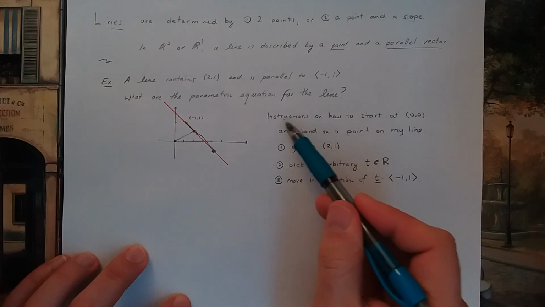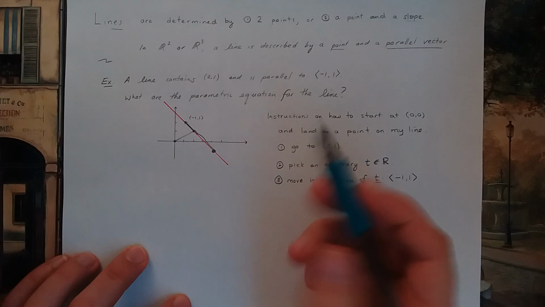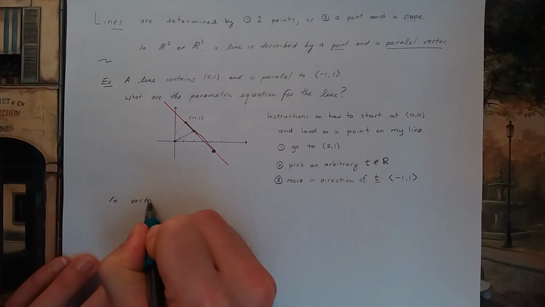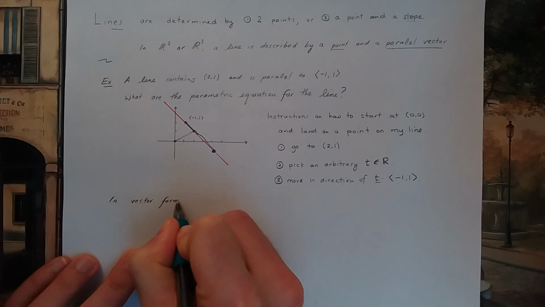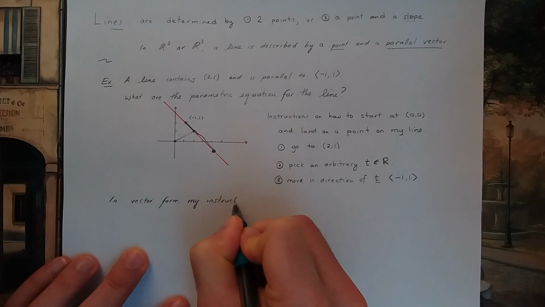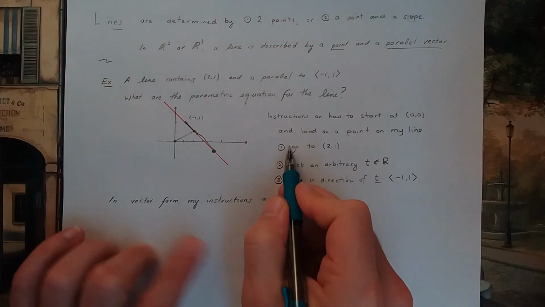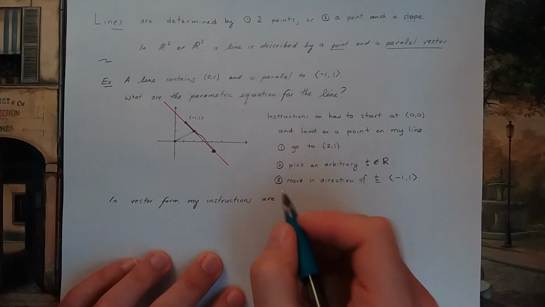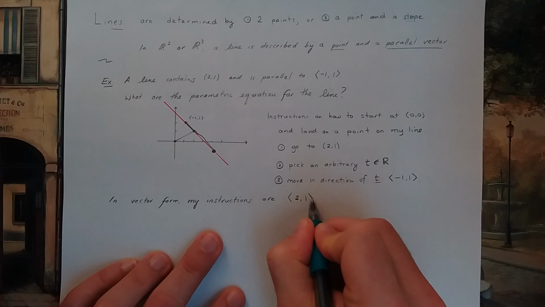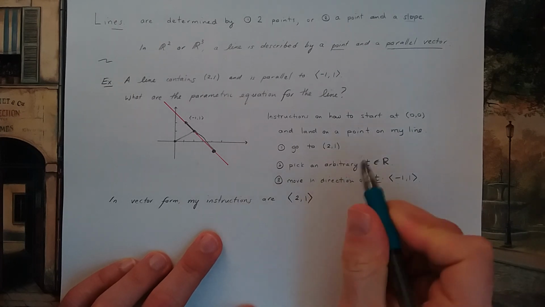Now, instructions on how to move are a vector. So in vector form, my instructions are: first, if I'm starting at 0, 0, go to 2, 1. So that means travel 2 steps in the x direction, 1 step in the y direction. Now notice I'm using angled brackets here to denote a vector.